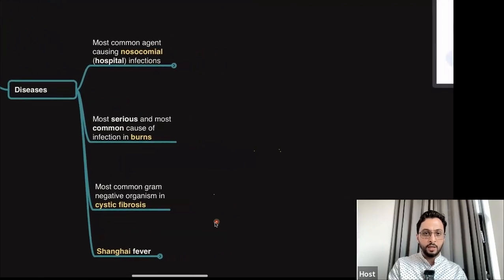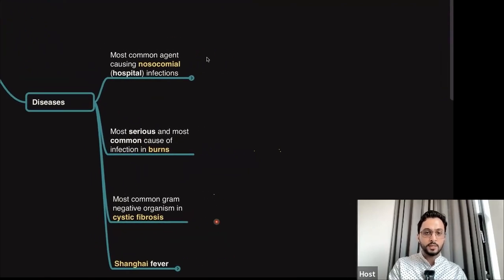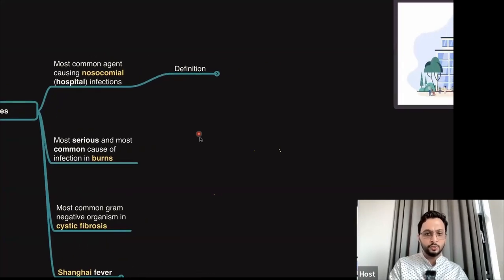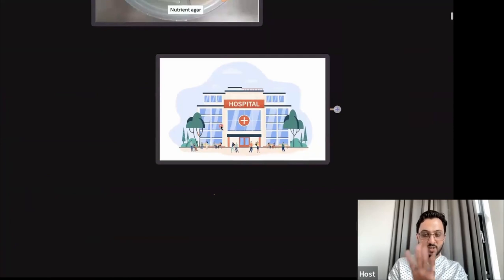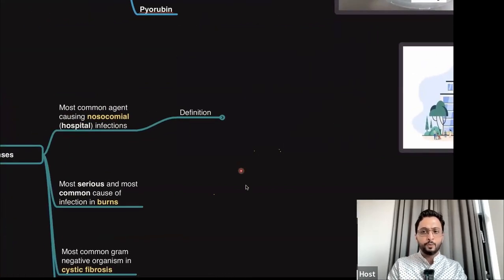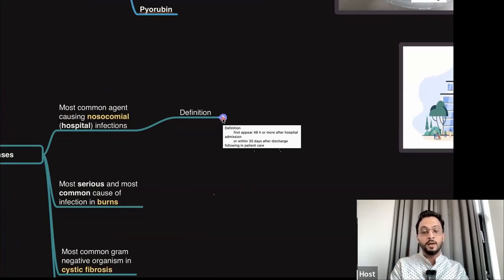Now here, in nosocomial infections, I just want to add a definition of nosocomial infection. We studied that Pseudomonas aeruginosa causes nosocomial infection. So what is the definition? Just remember this picture: Pseudomonas aeruginosa, hospital. They can ask you, not viva, a question: which of the following correctly depicts nosocomial infection?